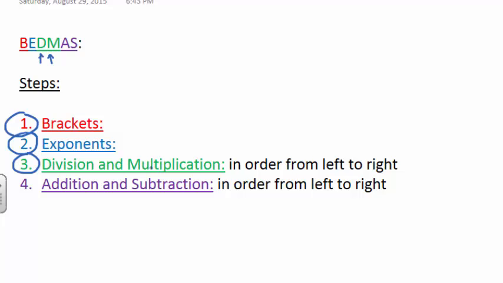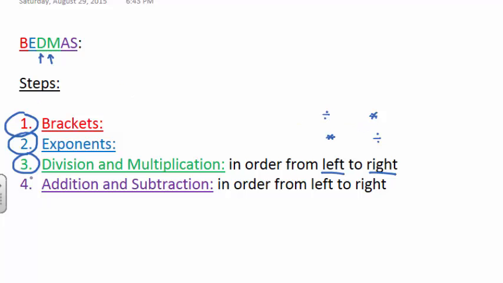Actually, they have the same level, but we have to respect the order from left to right, which means if the multiplication comes on the left and the division comes on the right, I start with the multiplication, then the division. But if the division comes before the multiplication, and I see the division on the left side, I start with division, then the multiplication.